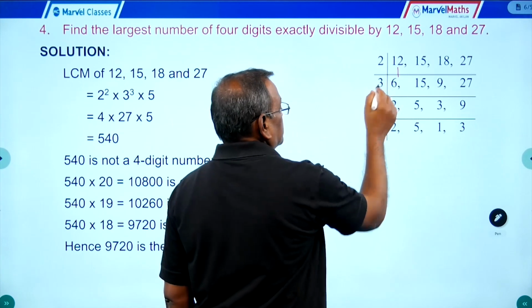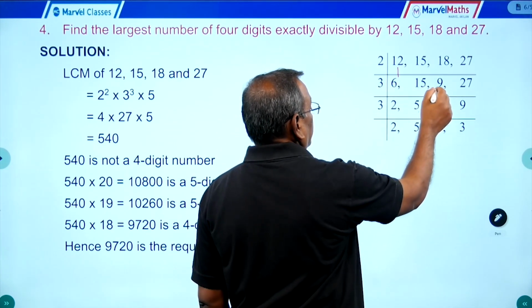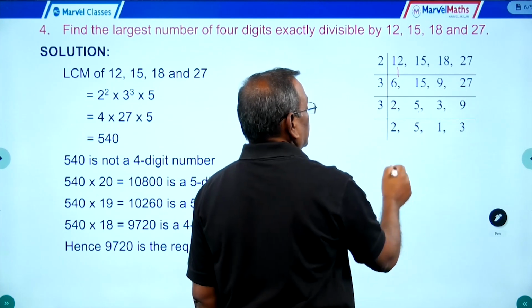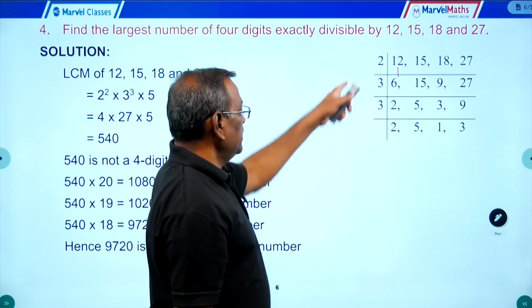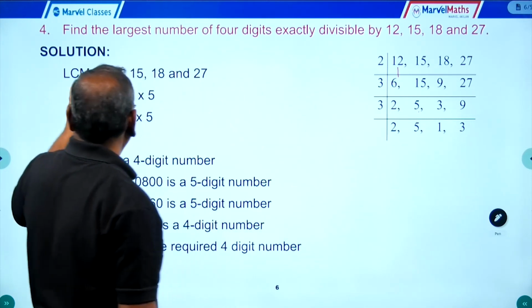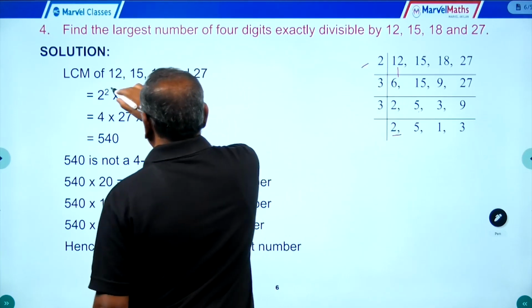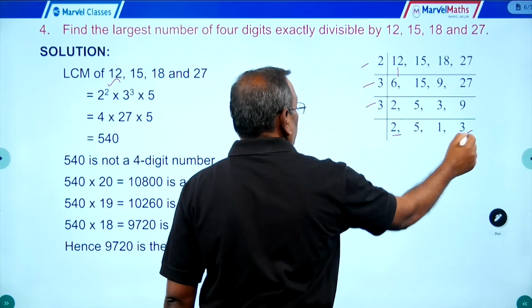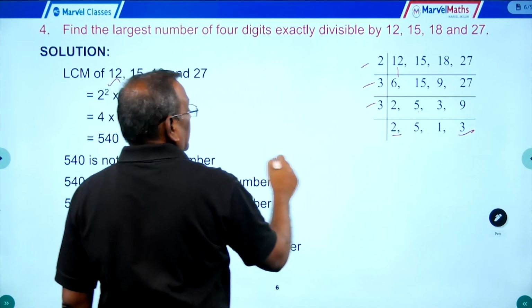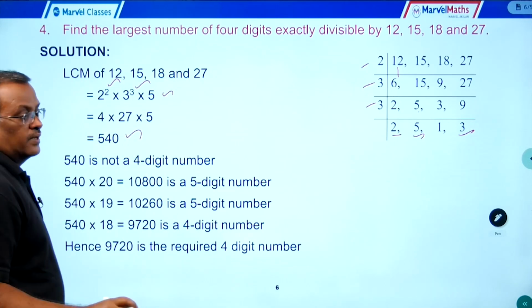Next 3 times, using prime number 3, 2 times, 5 times, 3 times and 9 times, again 3. Now if you multiply all the numbers, the LCM equals 2 square into 3 cube into 5, which is equal to 540.